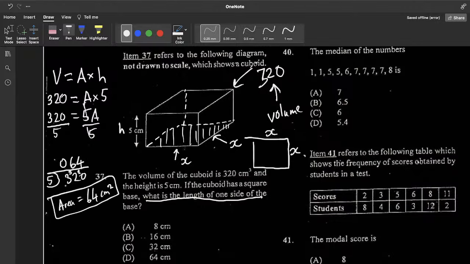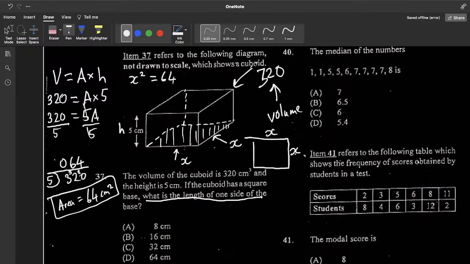Now this is the thing. If your area is 64 and we are saying that the area of the square is what we're looking at, that means if we multiply two numbers that are the same, we should get 64. So some number multiplied by itself is equal to 64. So in other words, x times x in this case is what? X squared, which is equal to 64.